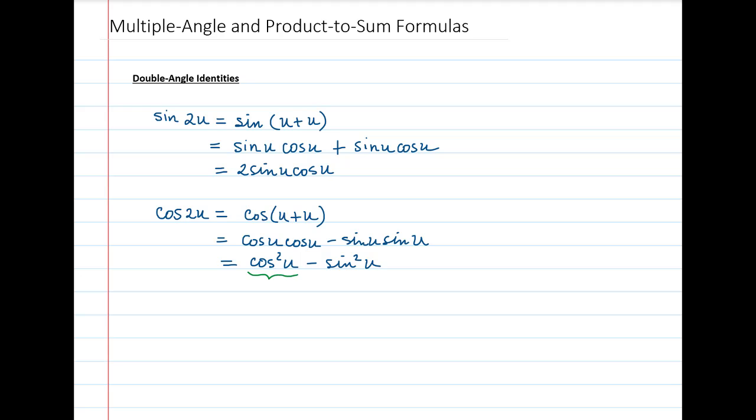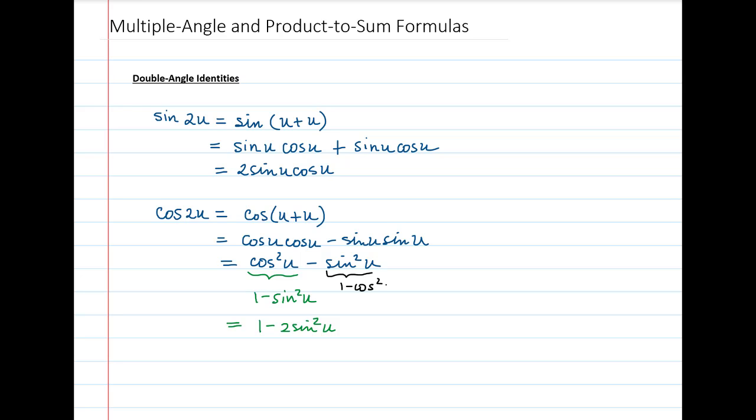So remember your Pythagorean identity, sine squared plus cosine squared is equal to 1. So if I replace this cosine squared with 1 minus sine squared of u and combine it with the negative sine squared of u, I get that the cosine of the double angle is also equal to 1 minus 2 sine squared of u. And here we have another variation of this cosine of the double angle.